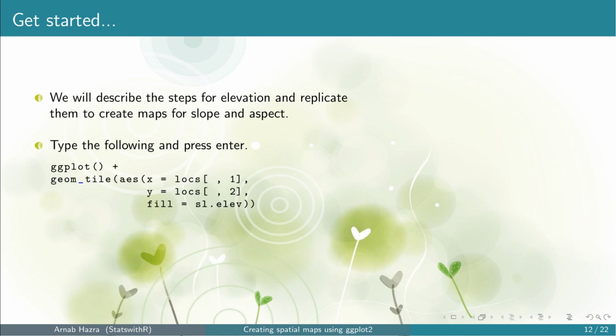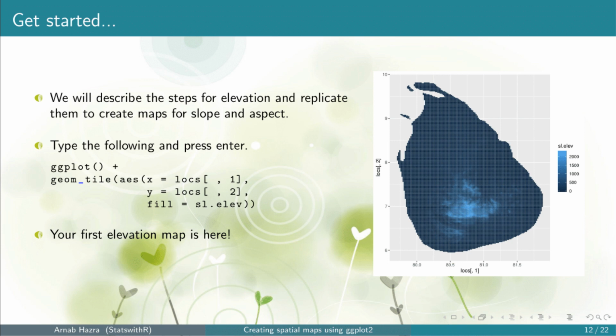In the console window, type ggplot, a blank bracket, plus geom_tile within aesthetics x equals the first column of locs, y equals the second column of locs, and fill equals sl.elev. Now press enter. Okay, you get your first elevation map.